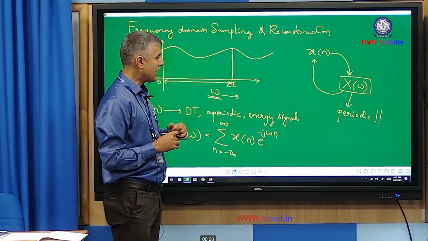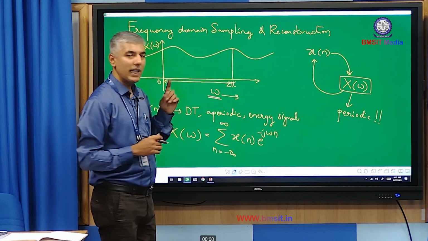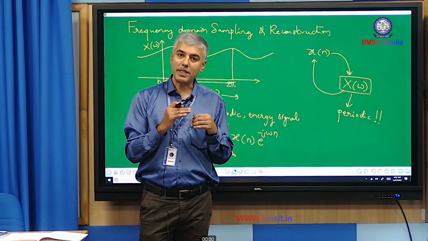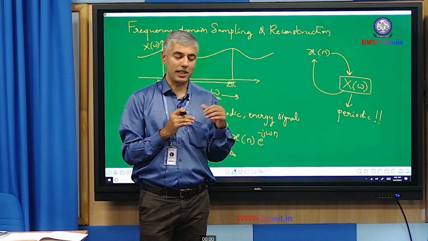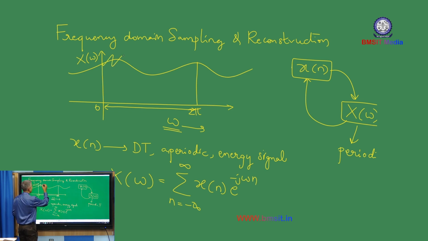As I mentioned earlier, the Fourier representation of x of n is continuous. You can observe that over here the entire representation has continuous values for each omega, that is from 0 till 2 pi.